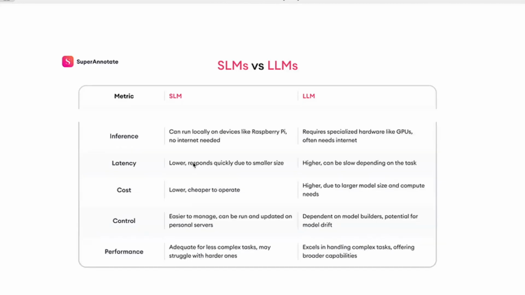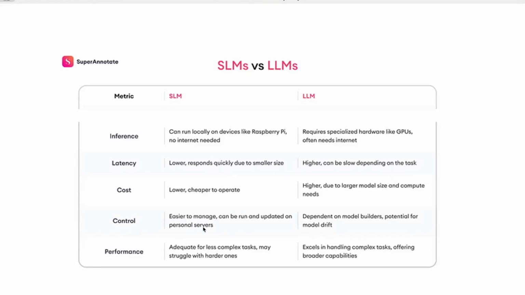Okay, so that's in terms of model size, training and computing resources. And then if you look at the operation cost, like inference and latency, no doubt SLM will have a huge advantage there, and is able to operate on a single device, and also able to respond very quickly due to the smaller size.